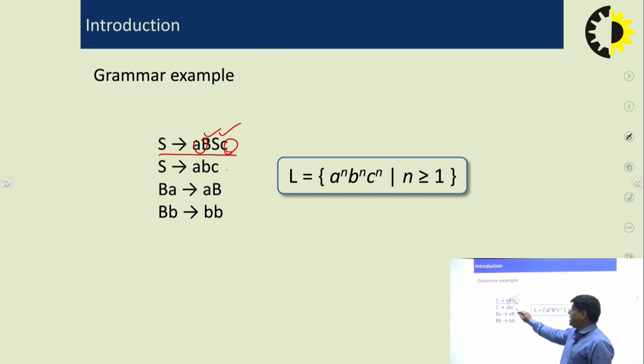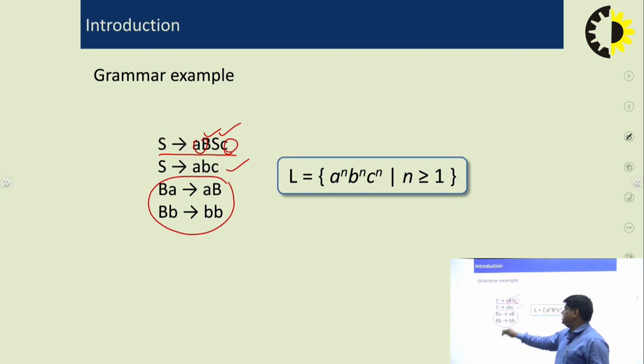Similarly, this is another production: capital S equals ABC, where ABC are simply non-terminals. These two productions are also grammars, but they are not part of the context-free grammar, because in a context-free grammar only non-terminals are allowed on the left side.